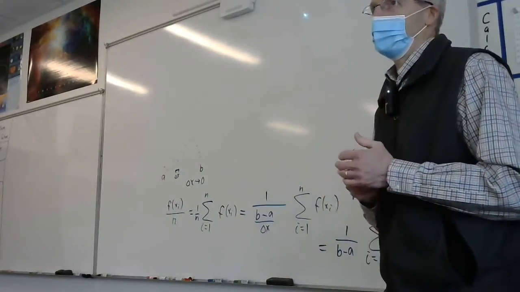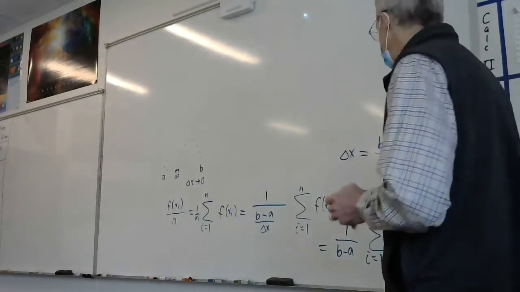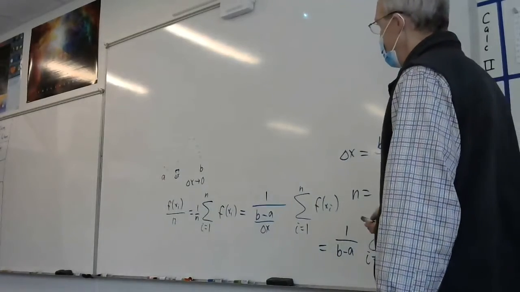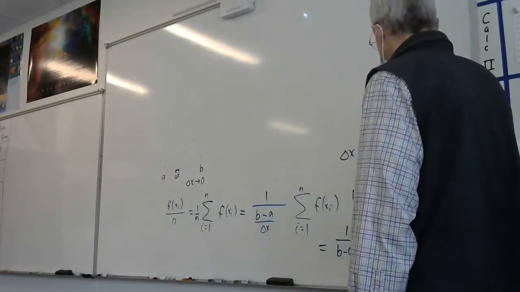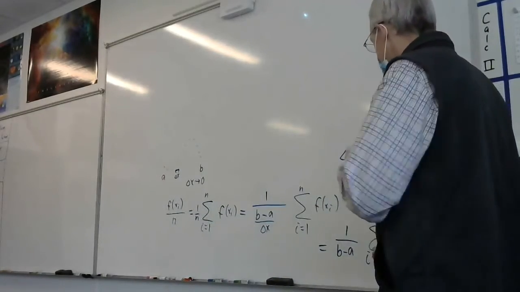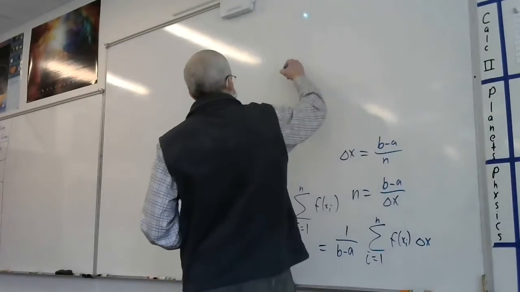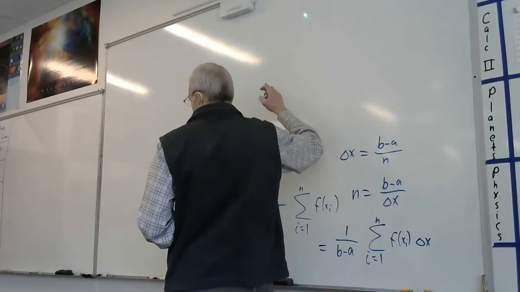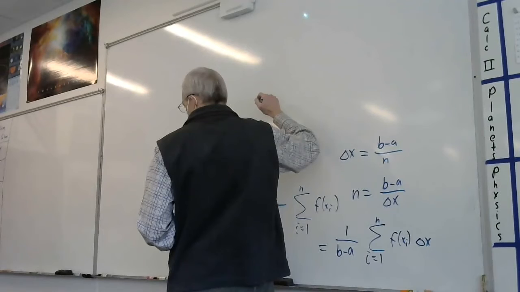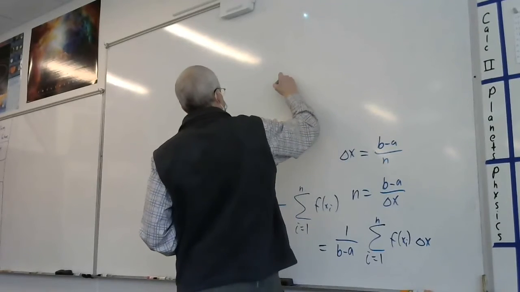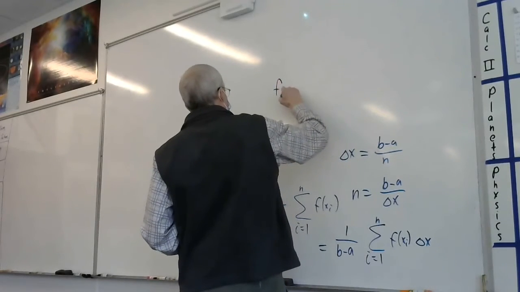And now you can see how this works. We let n go to infinity. As n goes to infinity, as we take an infinite number of points, delta x becomes dx because it's infinitely thin. And so the average value, how do they represent average value? Okay, so they just put f average.